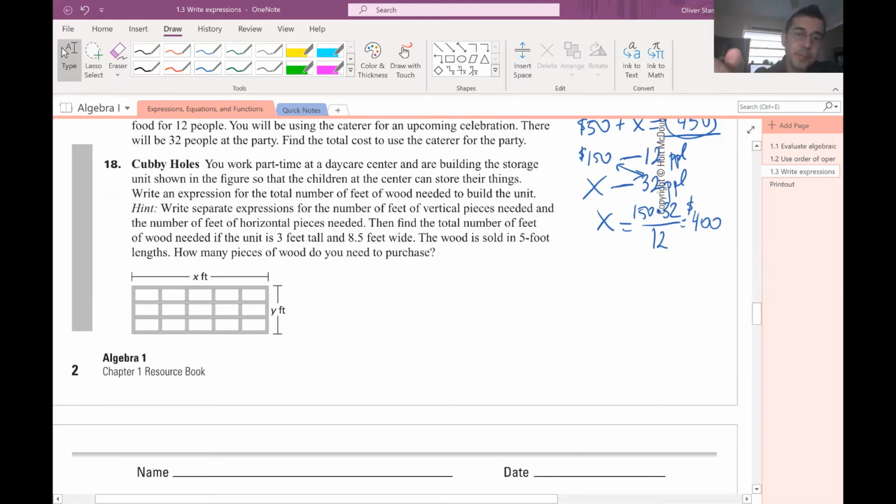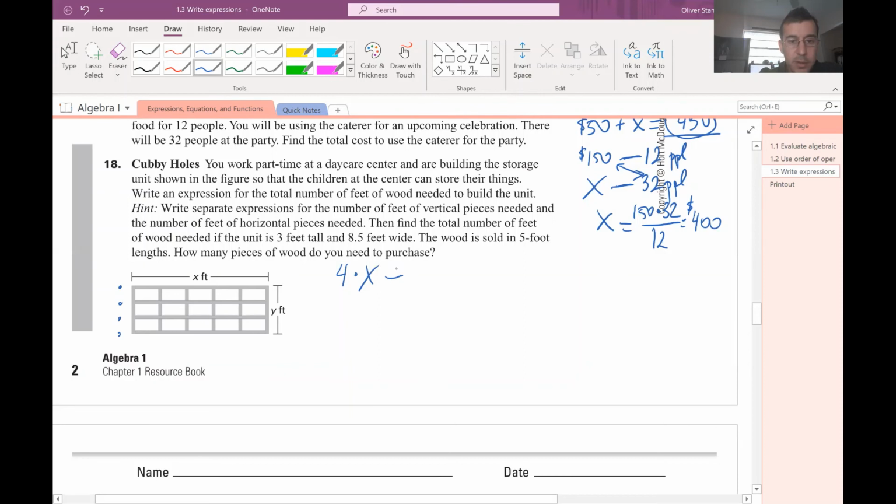Okay. So let's find first the expression. So x feet is the width. And then we have to count how many of these we have. 1, 2, 3, 4. So we have 4 pieces of wood that are horizontal. So that is 4 times x feet wide.